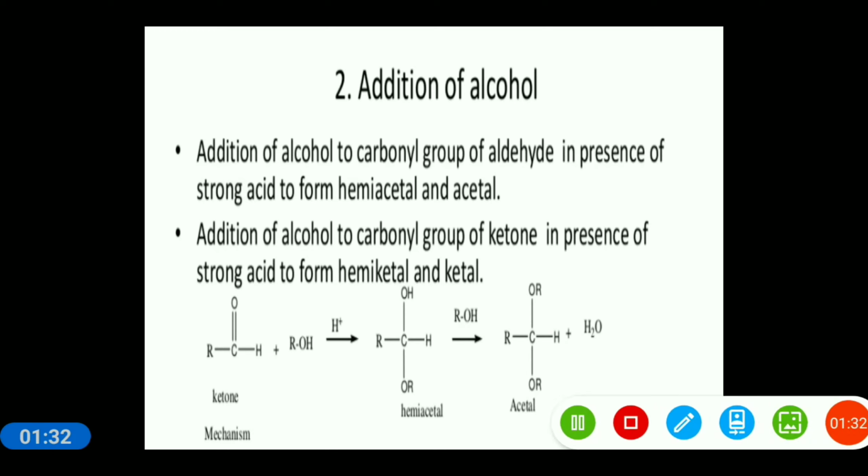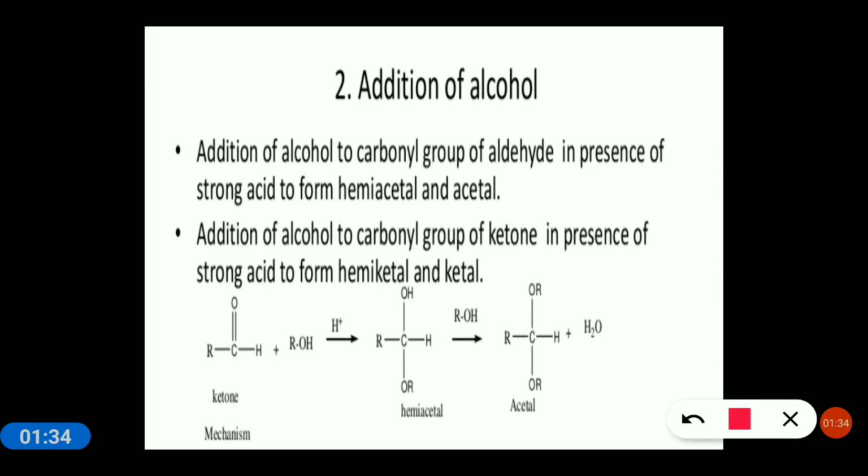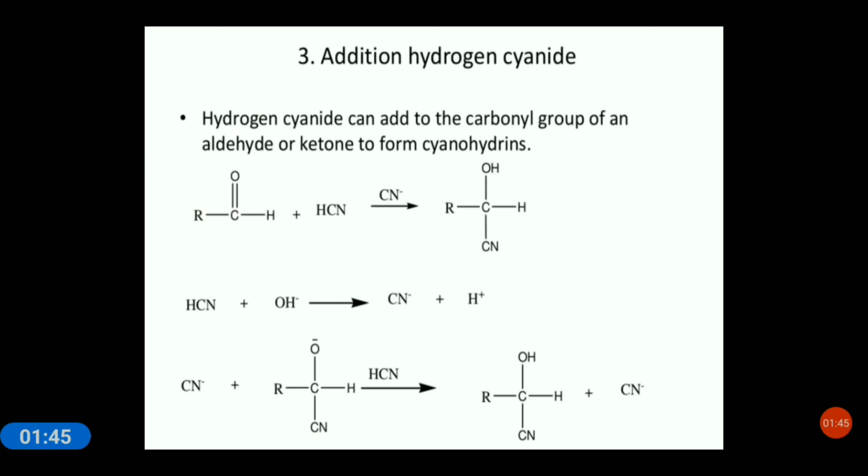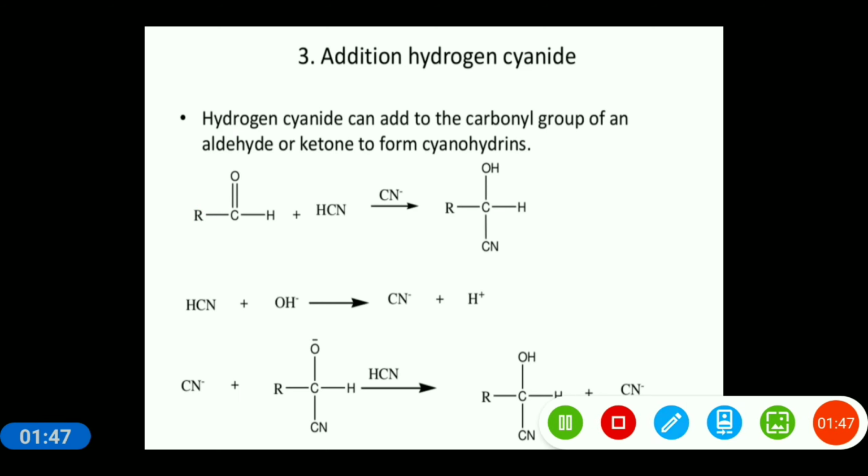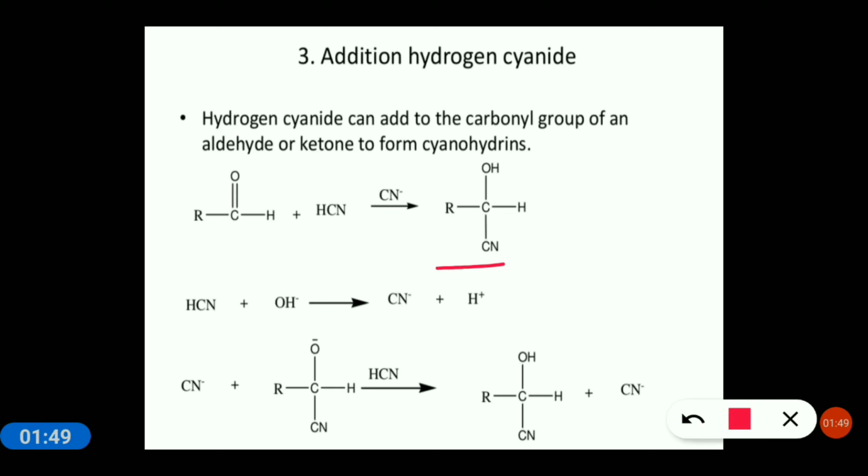Addition of alcohol gives hemiacetal and acetal, and formation of ketal is also possible. When you add hydrogen cyanide, it gives rise to cyanohydrin.